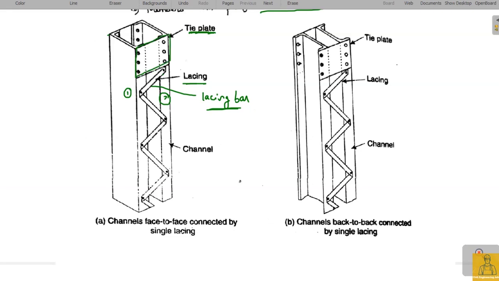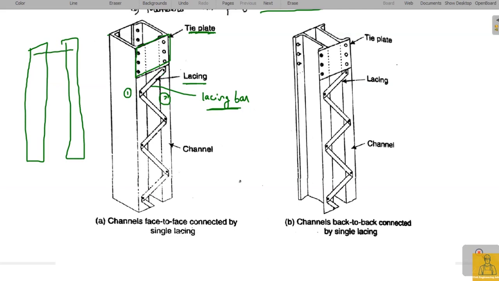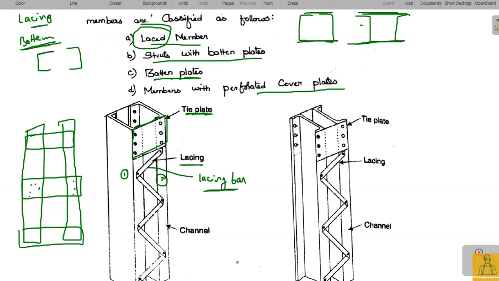For example, this is a section and this is a section, and these two sections are just joined with these tie plates or batten plates. They're bolted or welded, no lacing bars, only tie plates, and that system is what we call batten plates, I mean struts with batten plates.